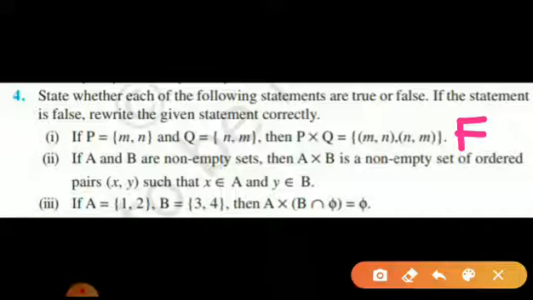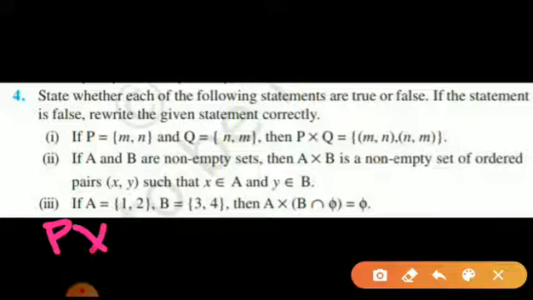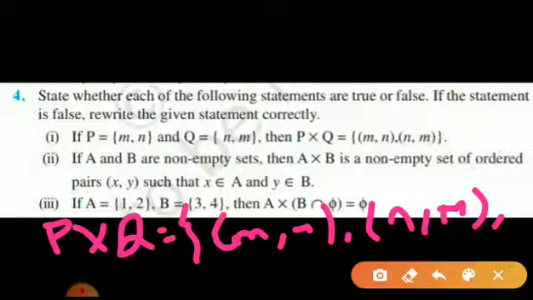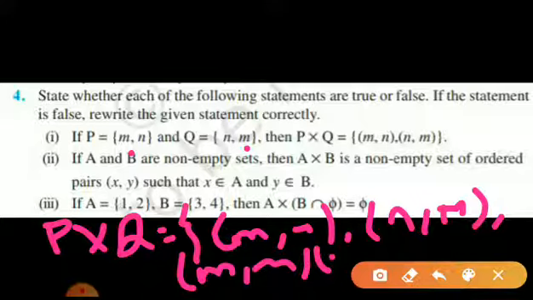Now the question is, if the statement is false, rewrite the given statement correctly. That means, what will be my actual P cross Q? P cross Q will be (m, n), then (n, m), then again (m, m), this m from P and this m from Q, similarly (n, n).